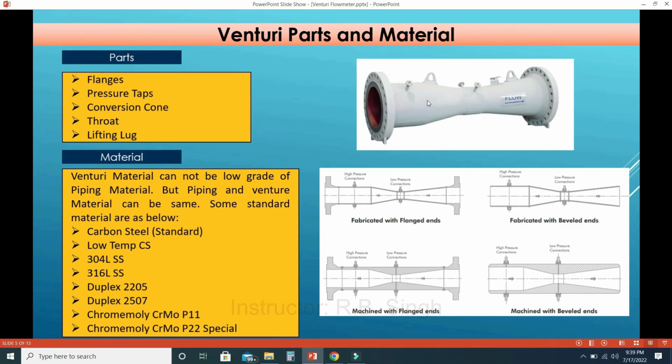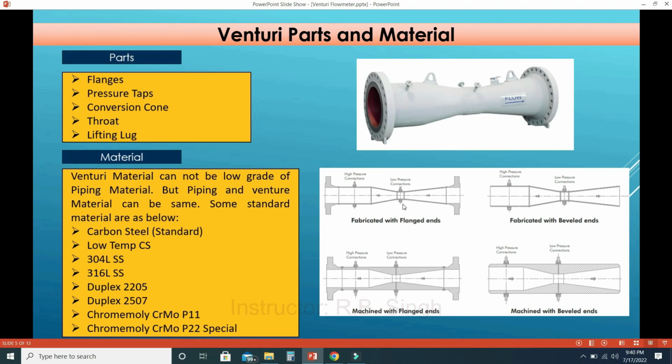Now this is the reducer, and this section is called the throat. Again this is the expander, and this is the straight section that can be seen in the following drawings, which is very clear. These types of design will be there in a Venturi meter. So these are the pressure taps. So this is the Venturi meter.